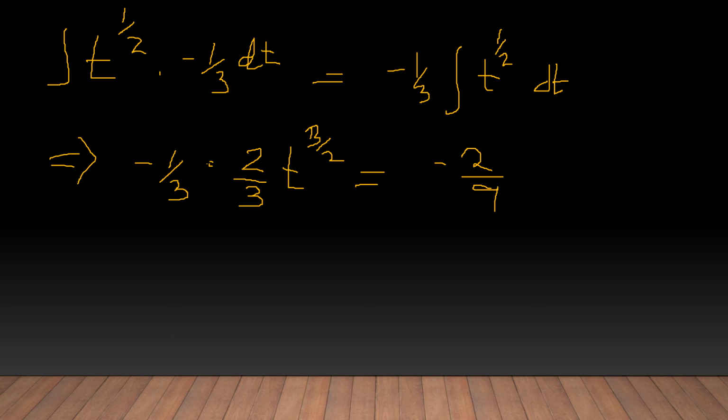Remember, we can bring back our t, which is 1 minus x cubed, and all these to the power 3 over 2, and then plus a constant, because obviously, if you integrate you expect to have a constant. So basically this is our solution to this.